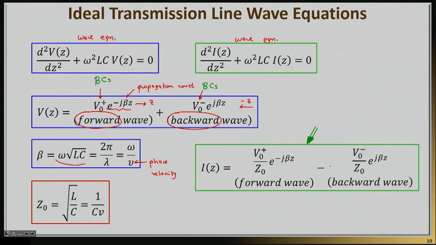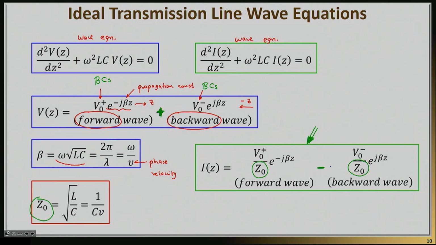The only difference is that you have this Z0, which is a constant, the square root of L by C. You will also have this negative sign instead of the positive sign, which is a direct result of differentiation.